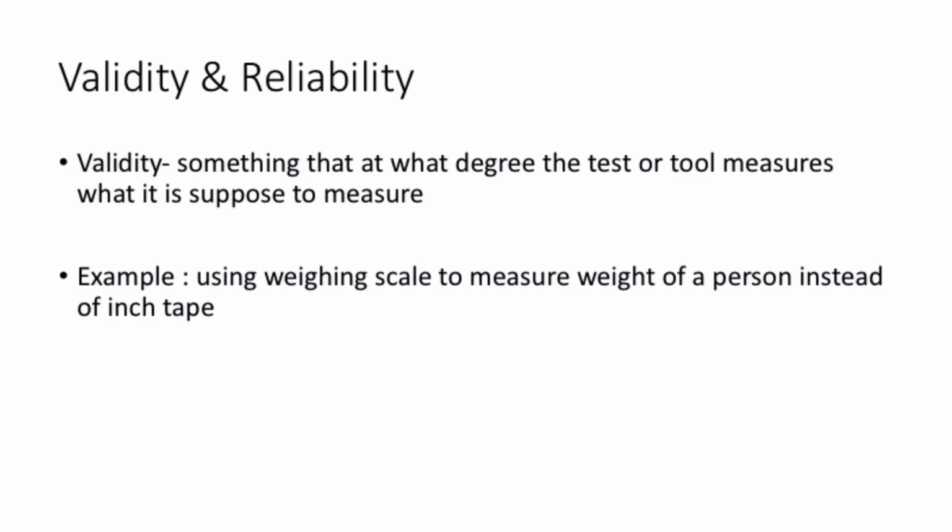So let's begin with validity. Validity is the degree to which a tool or test measures what it is supposed to measure. For example, a stopwatch. Now we all know what the use of a stopwatch is: to determine how much time a person takes to perform a particular activity, and it accurately measures the time, and that is why a stopwatch becomes a more reliable, more valid tool for that measurement.